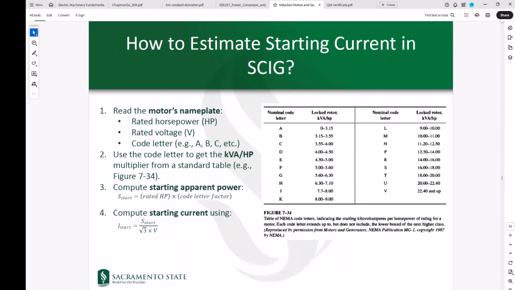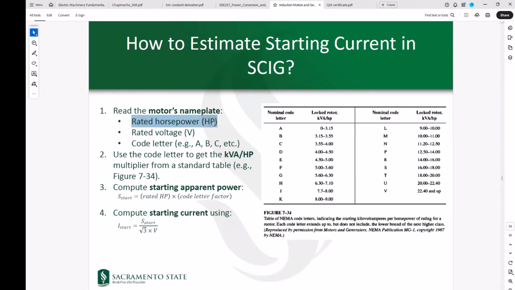So let's take a look at this. These are the nominal code letters, A, B, C, D, all the way through V. Under locked rotor conditions, locked rotor meaning when you lock the rotor, or close to startup conditions, in order to get an understanding of how you can estimate the starting current, you need to read the motor's nameplate and find the code letter associated with it.